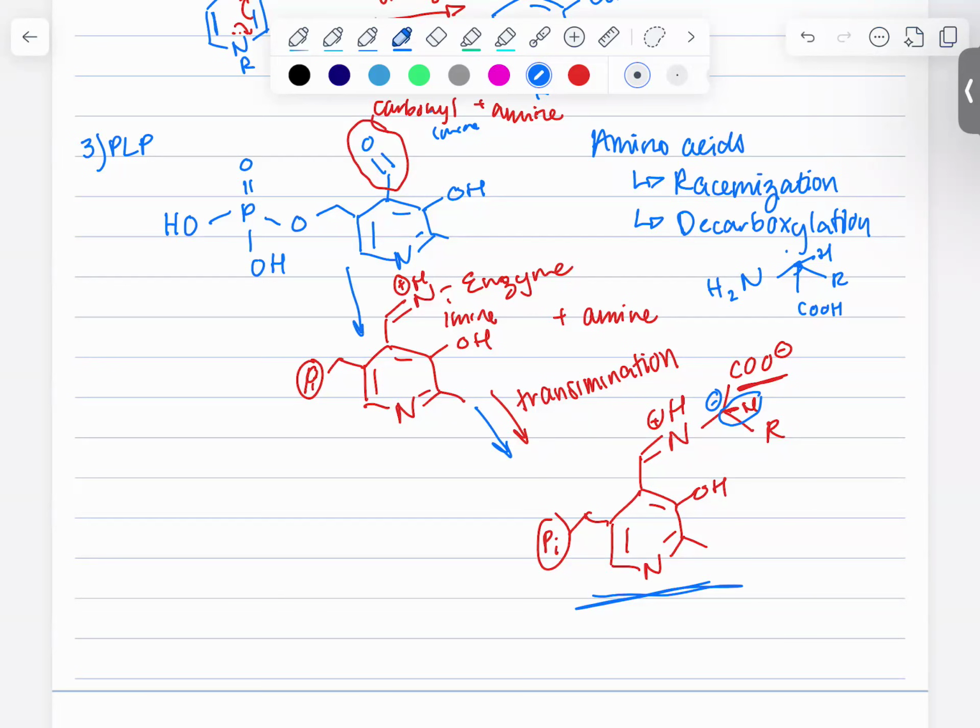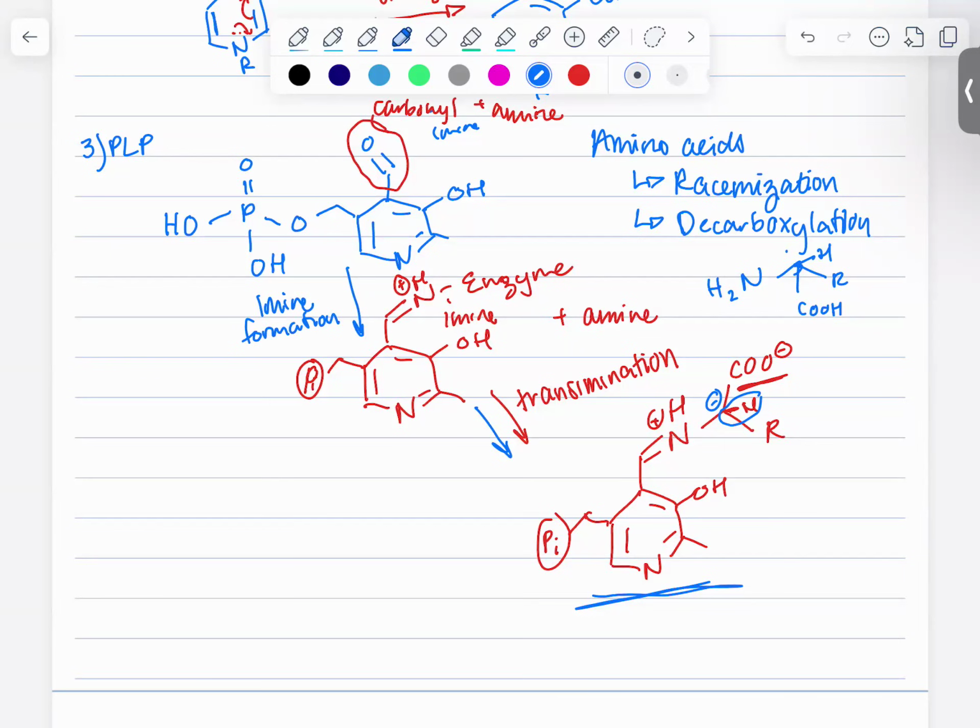In the first part, we're doing the imine formation with the protein. And so in our imine formation mechanism, we always start with a carbonyl and an amine. And in this case, the carbonyl is PLP and the amine is the enzyme.